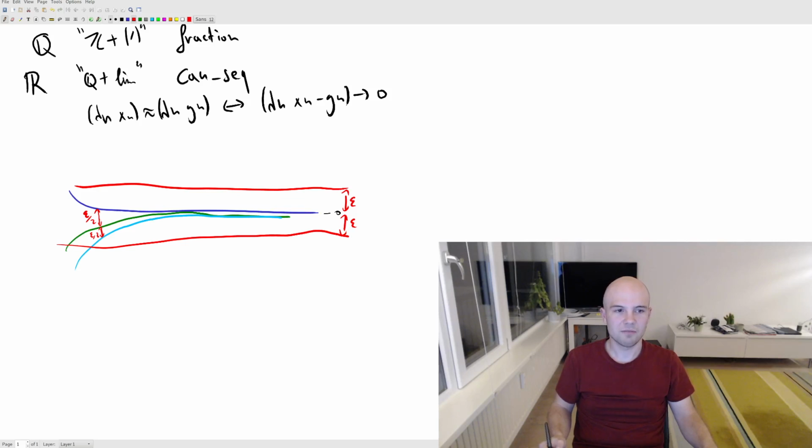And then what happens is, when we take the distance between this one and this one, it will be less than epsilon half plus epsilon half, which is below epsilon.